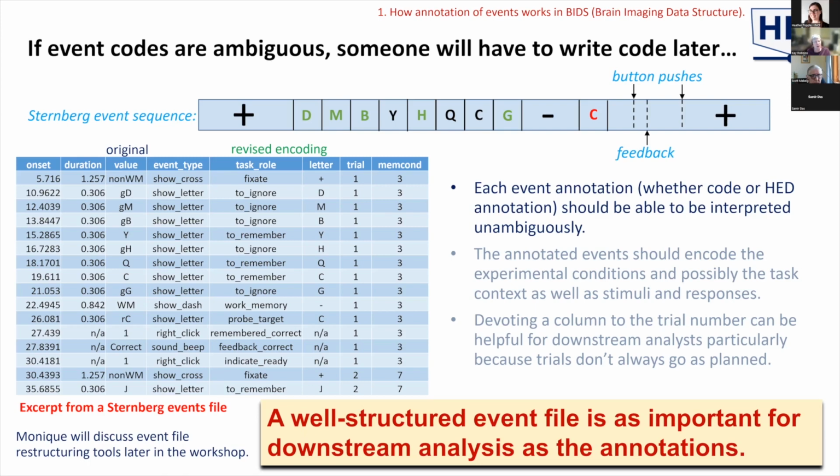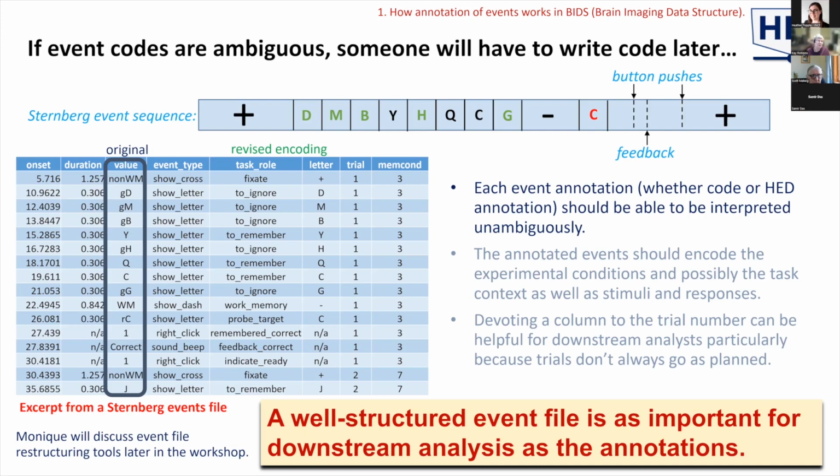So another issue, which, well, this was the original encoding, but another issue is you want to encode the experimental conditions and possibly the task context as well as the stimulus. And this original encoding does a good job of encoding the stimulus and the response.